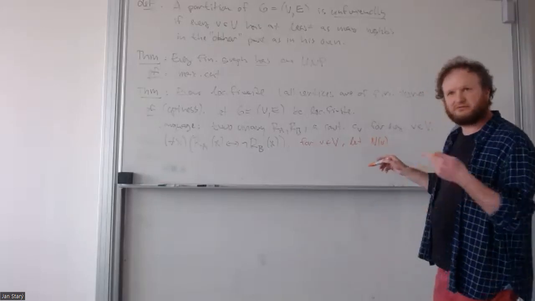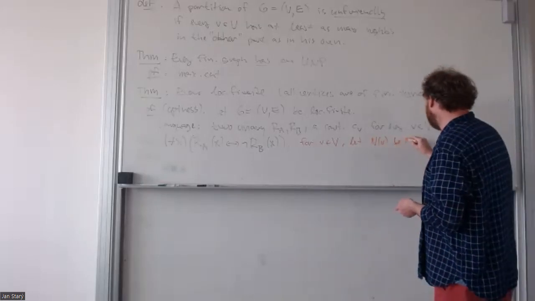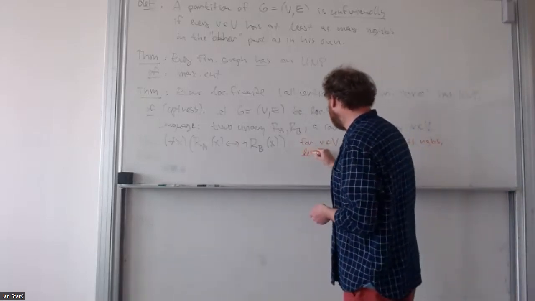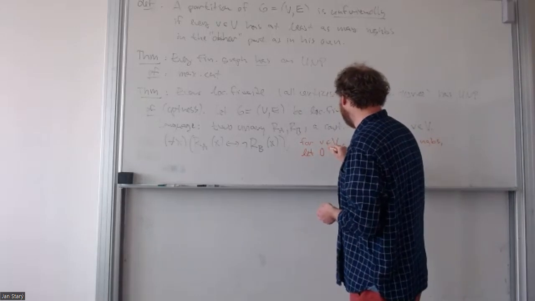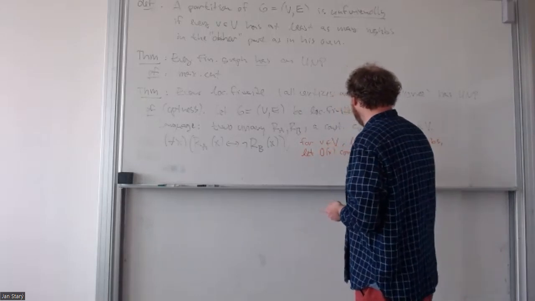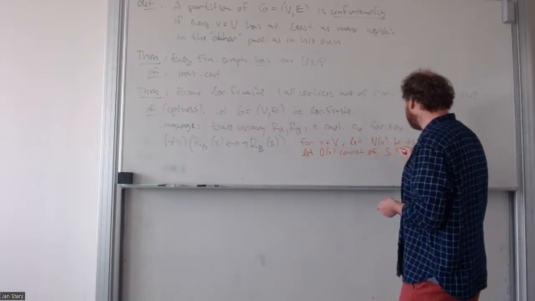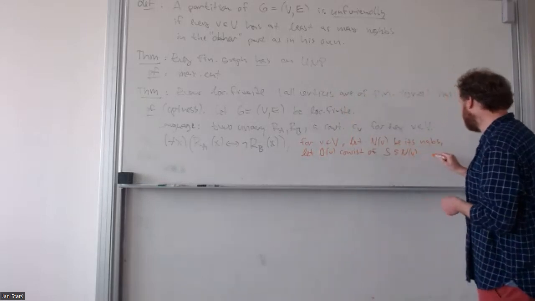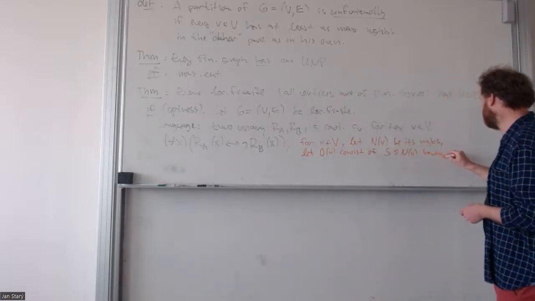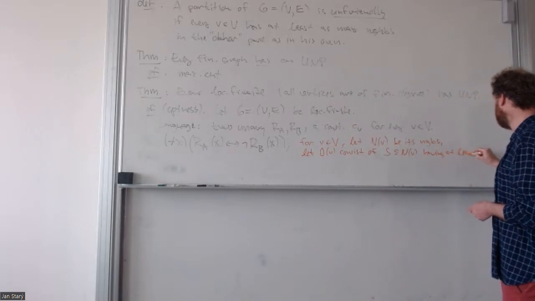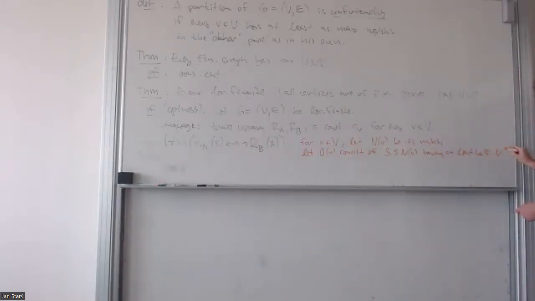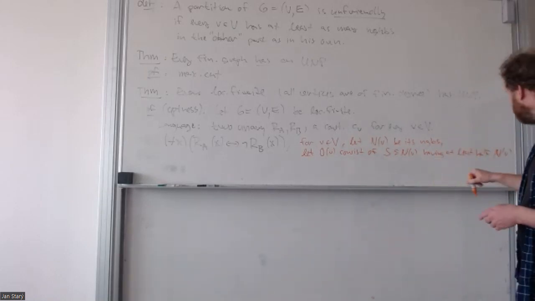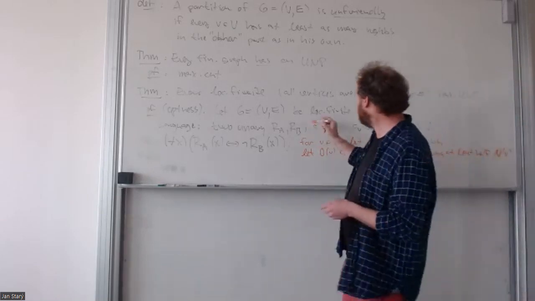Let's say N(v) is the neighbors of v in the graph, and let's say O(v) consists of those subsets of N(v) having at least half of the neighbors. So take the big subsets of neighbors, at least half, which makes perfect sense. It's a locally finite graph, so this is a number.